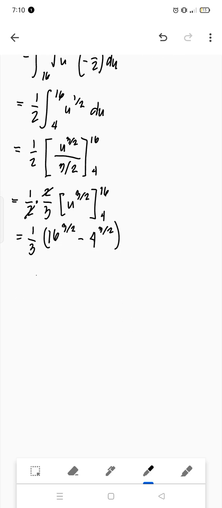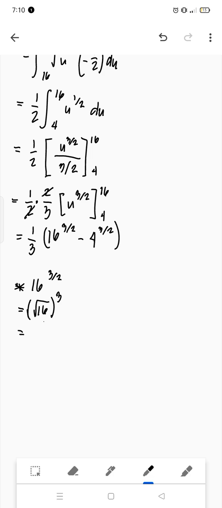Next, we have to get the value of 16 to the 3/2 and 4 to the 3/2, let's put an asterisk over here. As for 16 to the 3/2, which will become the square root of 16 cubed.